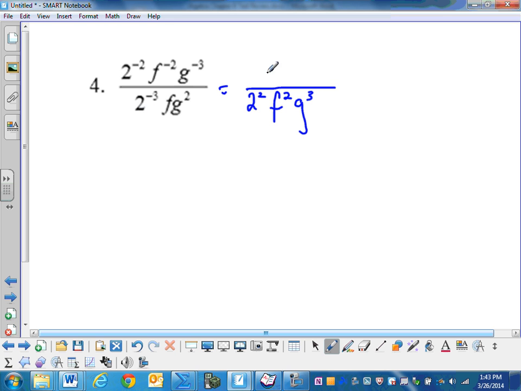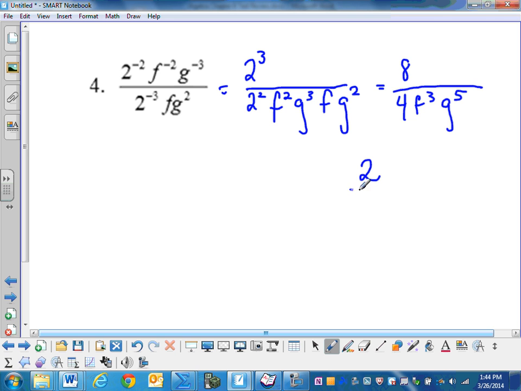Here 2 to the negative 3 moves to the numerator, becomes positive, and then the f and the g remain in the denominator. Now this gives me 8 over 4 f to the 3rd, g to the 5th.